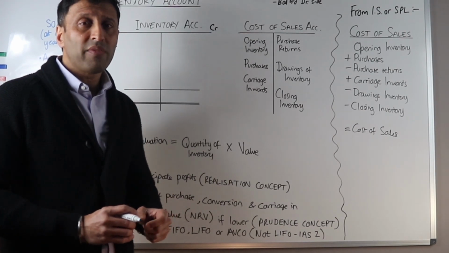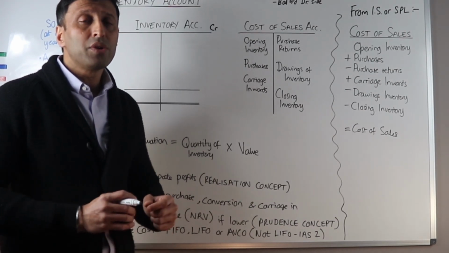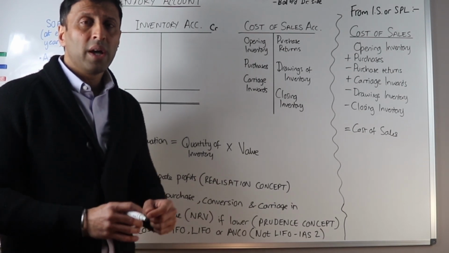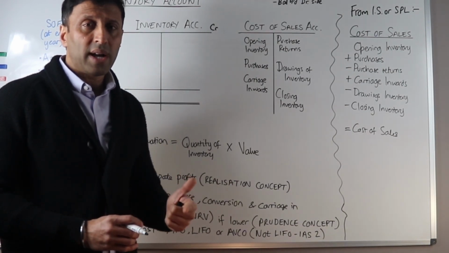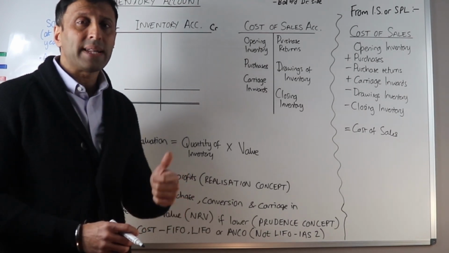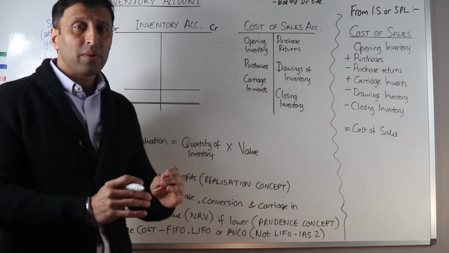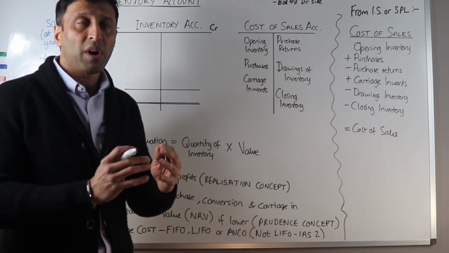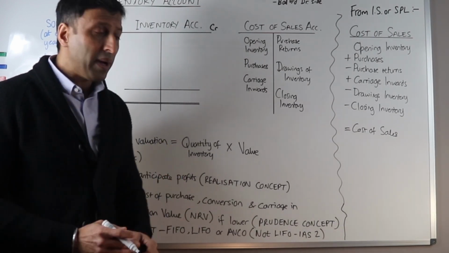If the net realizable value of inventory is higher than the cost, then we do not change it to a higher value. We leave it at the lower of the two, whichever is lower. We always start with the inventory at its cost value, and we never value inventory at higher than the cost, because we don't know if that additional profit that we assume will ever be made.